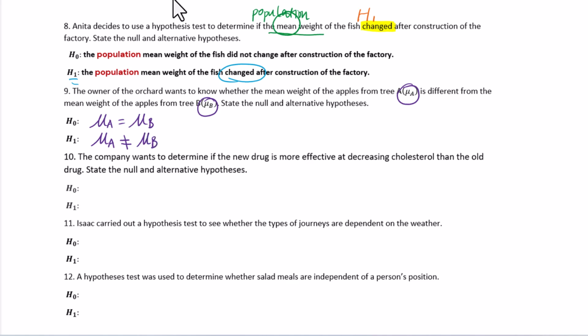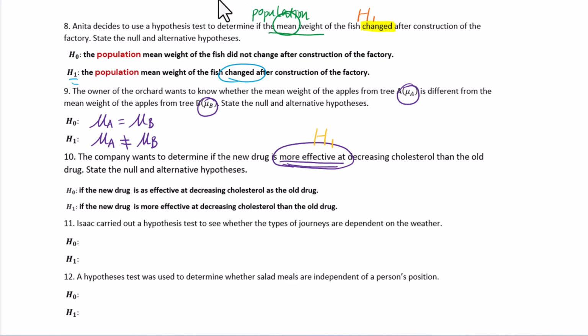Question 10. The company wants to determine if the new drug is more effective at decreasing cholesterol than the old drug. More effective means not equal to. So this is H1. H0 will be the new drug is as effective at decreasing cholesterol as the old drug. Question 11.